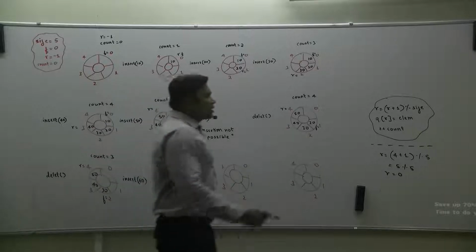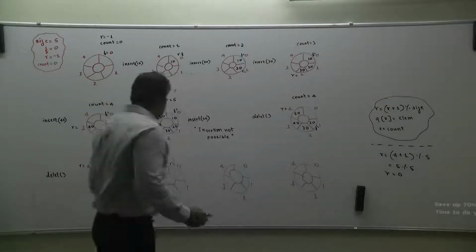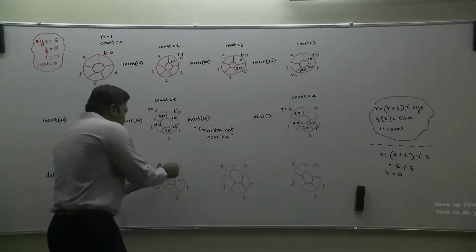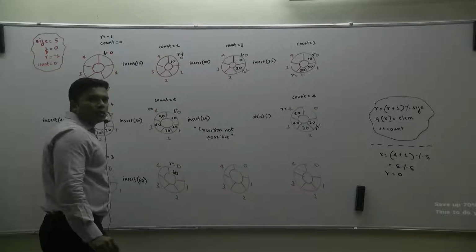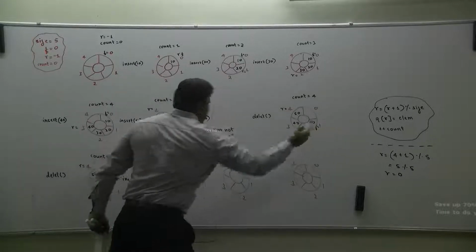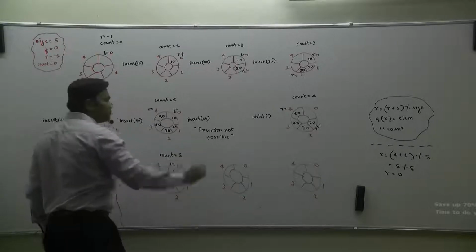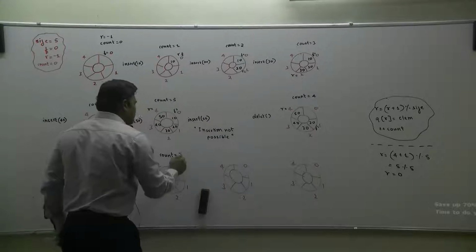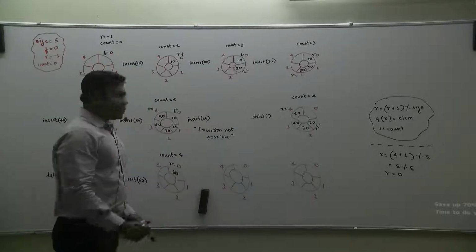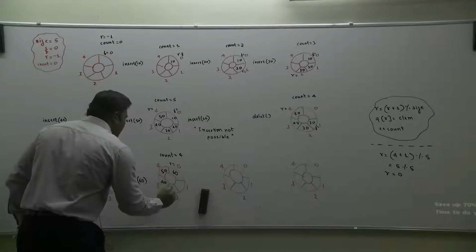Next, put the element at Q of R. Next, increment count. So count is going to become 4. Of course, behind this you have 50, you have 40, you have 30.